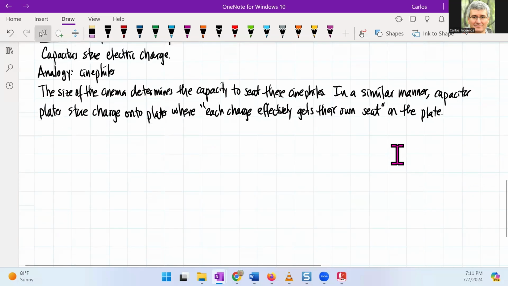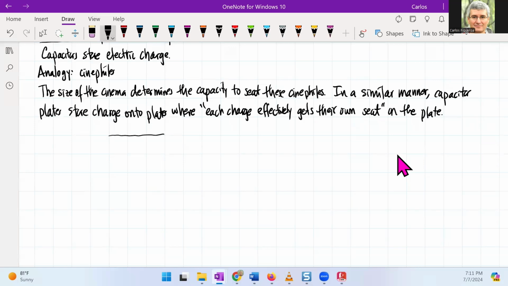So let's look at capacitors. I mean, let's look at just areas. So if I look at areas here, I'm seeing something like this. So if I have a plate that looks like this, so here's my plate. And then I'm going to divide these into spaces where I can place infinite or minuscule amounts of charge.